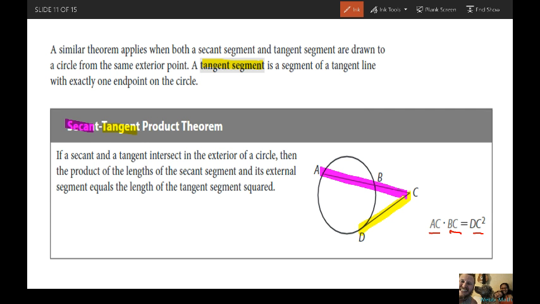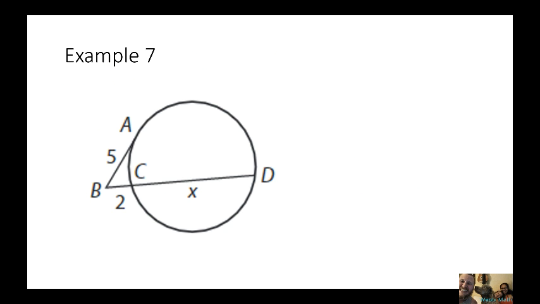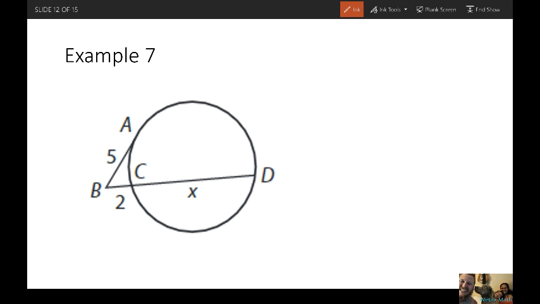So let's look at the example. BD is our secant, and we're going to use the secant tangent theorem, so we have BD times BC equaling AB, our tangent segment, squared.